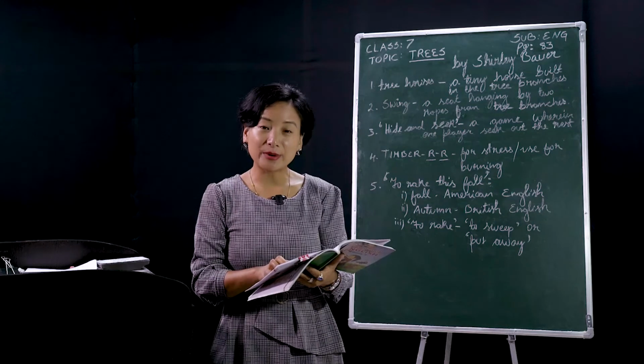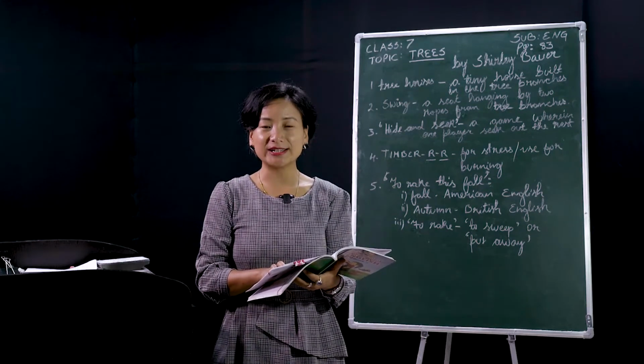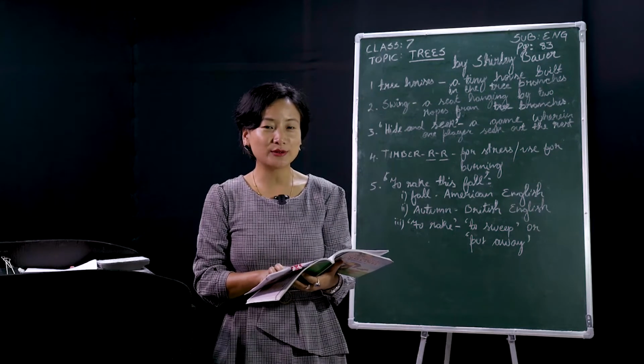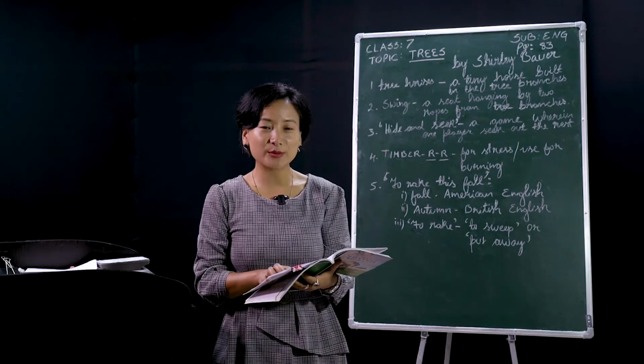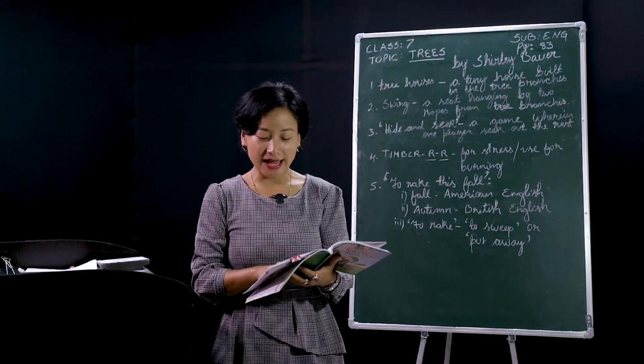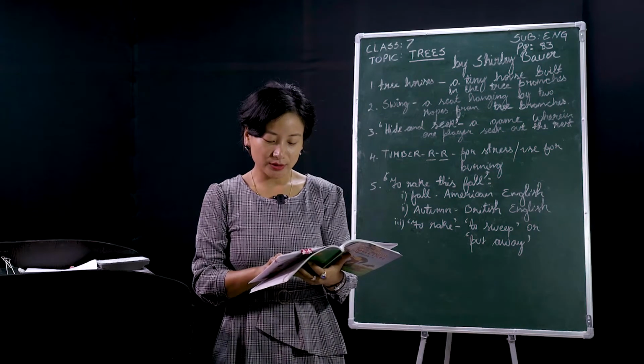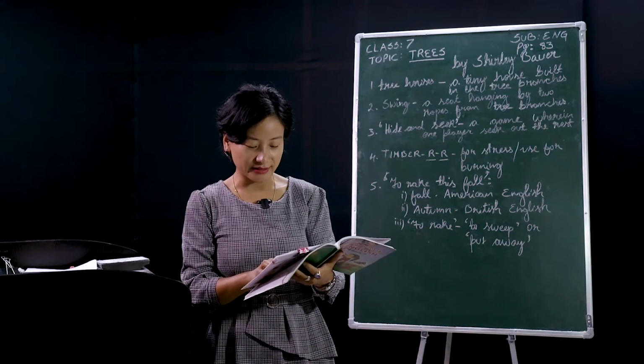Trees are to have tea parties under. When we go out for tea parties, what kind of spot do we look for? We look for a clear spot beneath a tree where we can sit and have parties, especially tea parties. So trees are to have tea parties under.